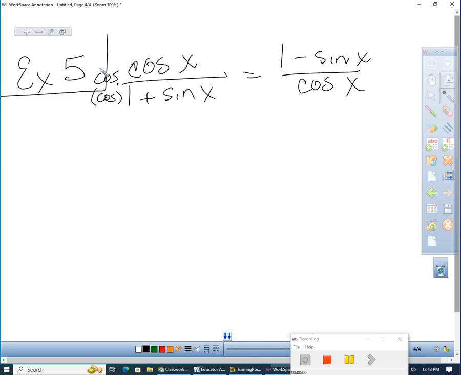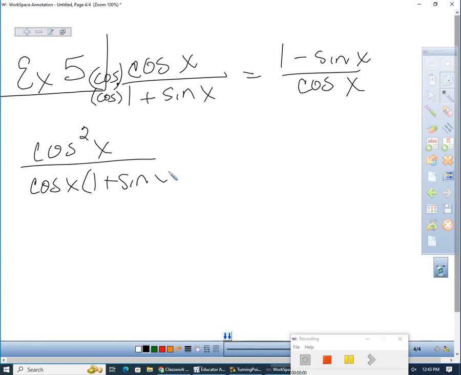Whatever you do to the top, you've got to do to the bottom. If I multiply by cosine over cosine, it's like multiplying by 1. On the top, cosine times cosine is cosine squared x. And on the bottom, I have cosine x times 1 plus sine x.